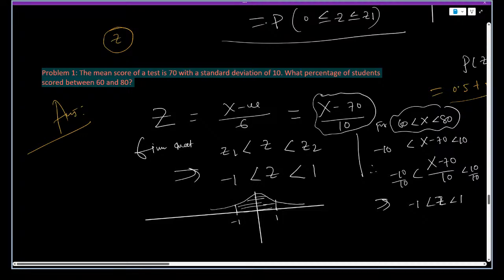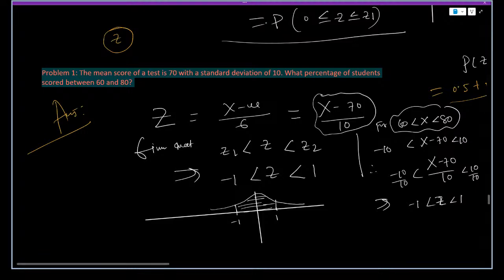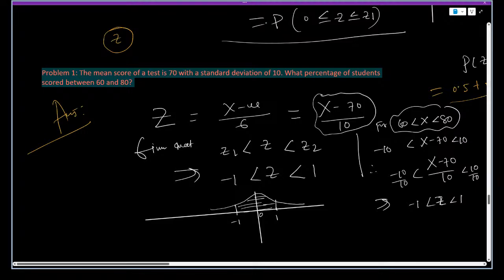How to find the area between -1 and 1? You know the area between 0 and 1, from the table I told you.